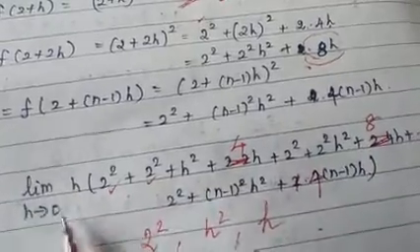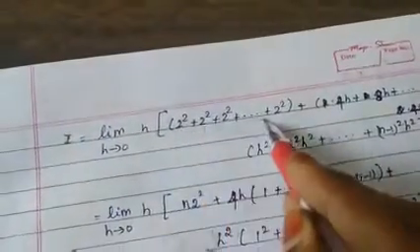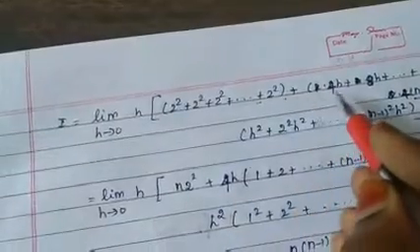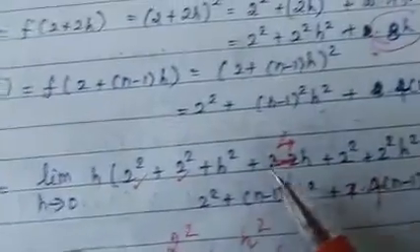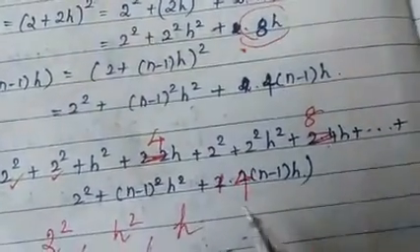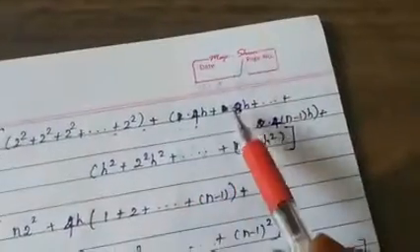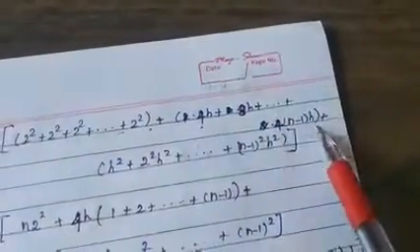So, limit h tends to 0, h into, I have written all the 2 squares together. The next one I have written is the h terms. What are the h terms here? 4h, 8h, up to 4 into n minus 1 into h.